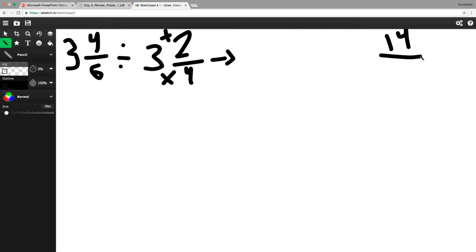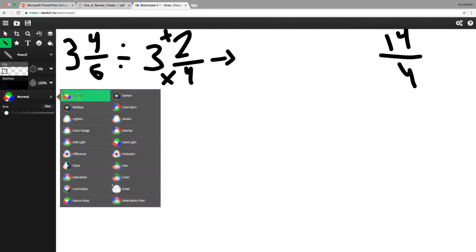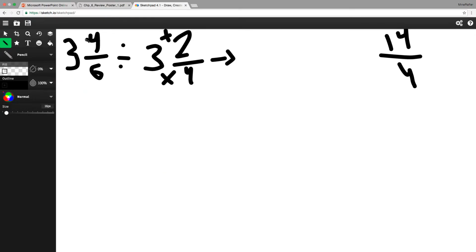We make sure to keep the denominator the same, 4. So 14 over 4. Then we do the same thing over here, times and then plus.